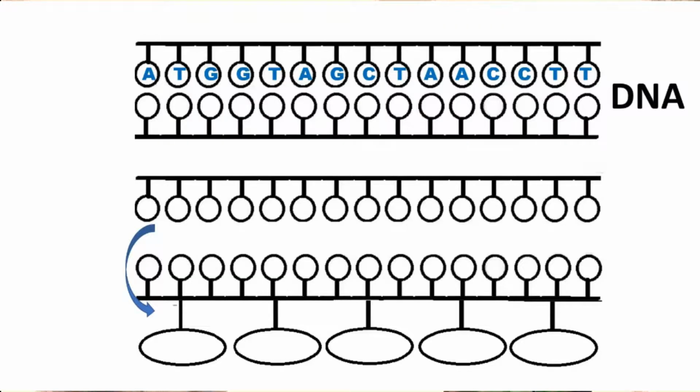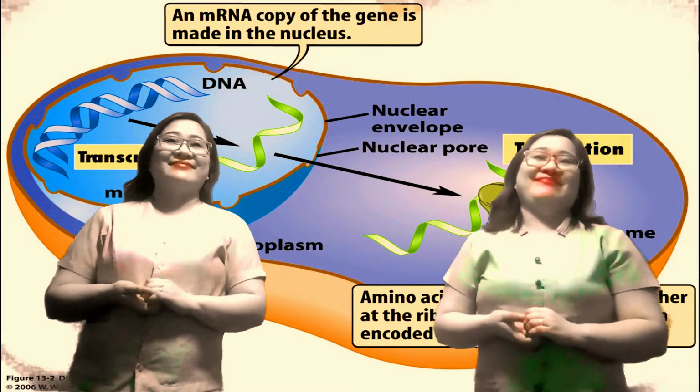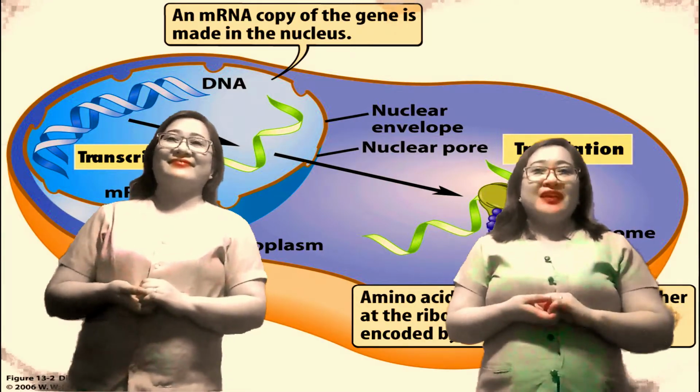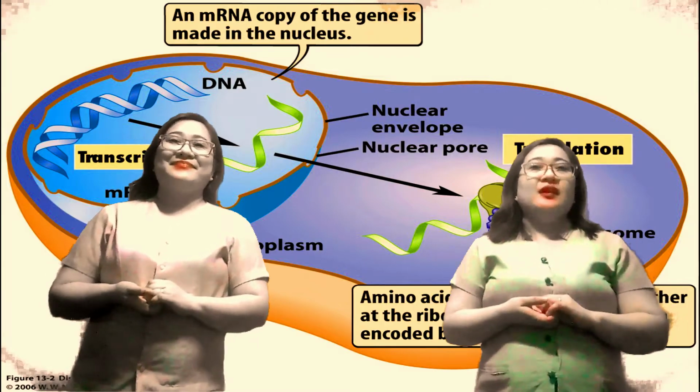Let's try to answer this one. Let's complete the diagram and identify the amino acid sequence coded by each mRNA. The given DNA strand is A, T, G, G, T, A, G, C, T, A, C, C, T, and T. First, we have to fill in the complementary strand.